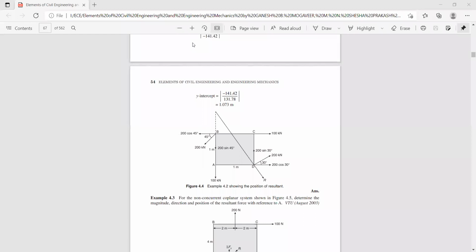Yesterday somebody sent me a message that... Udit MD, are you there? Yes, sir. Yesterday you sent me a message that you got marked absent. Yes, sir.